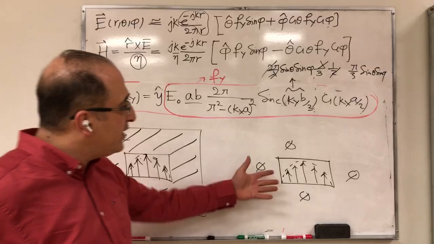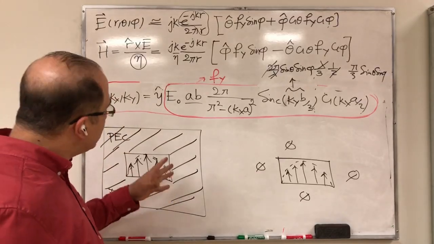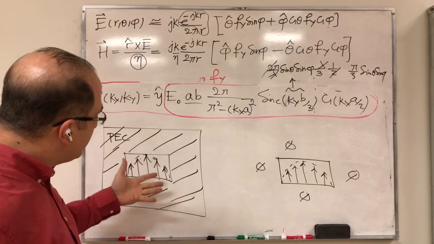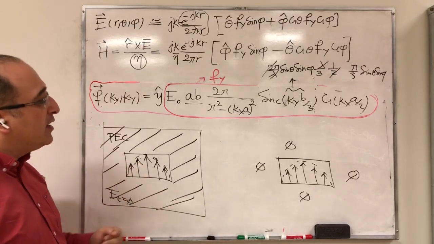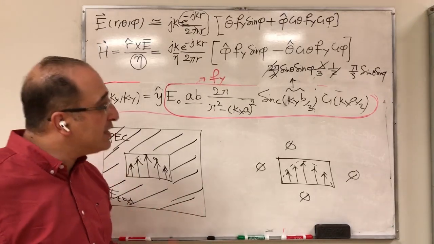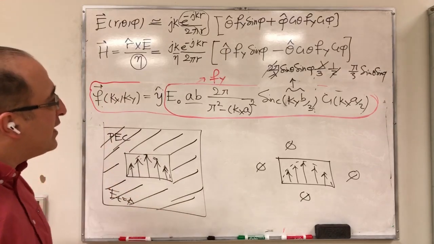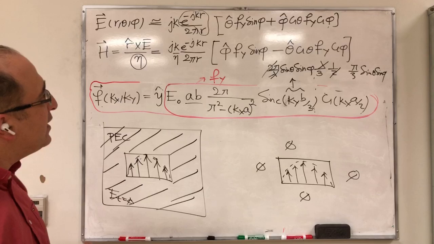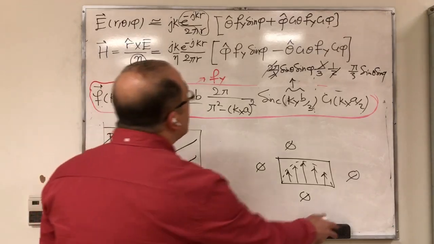Okay, to understand the effect of this approximation, let's write the E-plane pattern of this antenna that we studied. We already did that in the previous lecture, but let's write it again, and let's see what its E-plane cut would be.